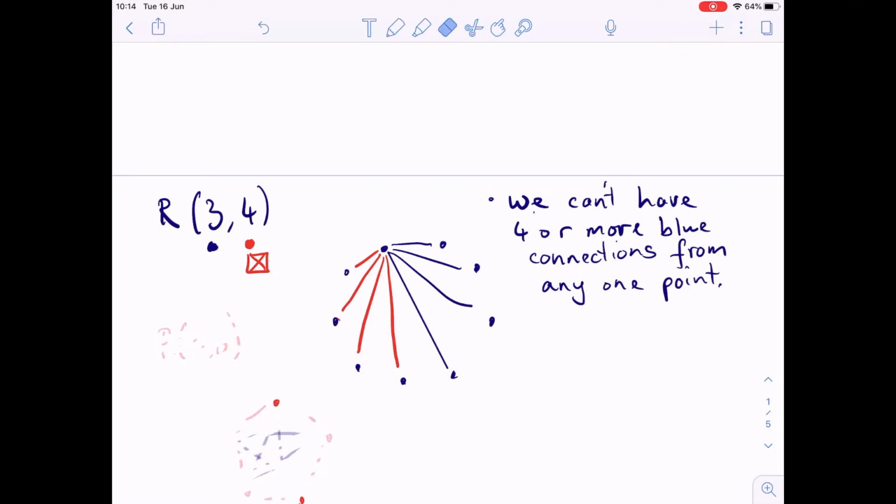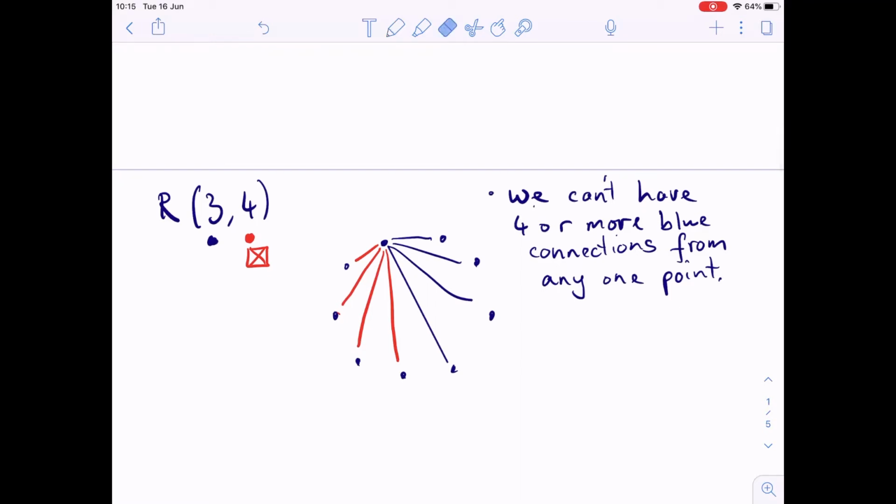So if we can't have 4 or more blue connections from any one point, I'm not going to jump straight down to 3, but I'm going to say, well, what if there's 2 or fewer? Well, if we have 2 or fewer, that means we're going to have at least 1, 2, 3, 4, 5, 6 red connections. Now because we know the Ramsey number, let's stick with blue.